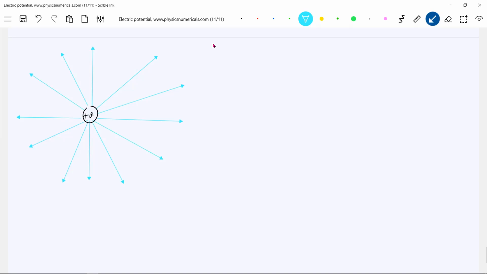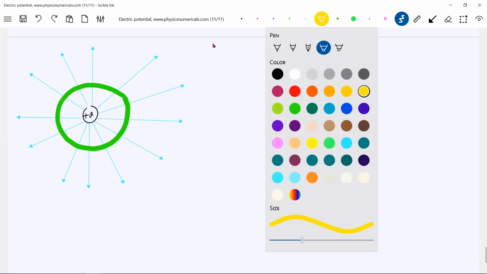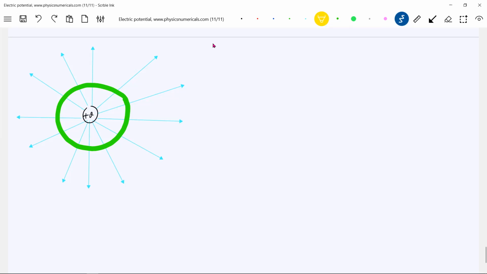Hope you can recollect. Then we have concentric, so let me draw, thin concentric shells.